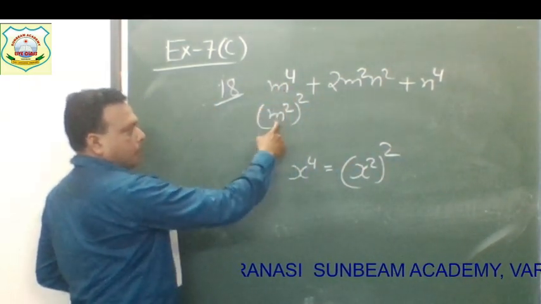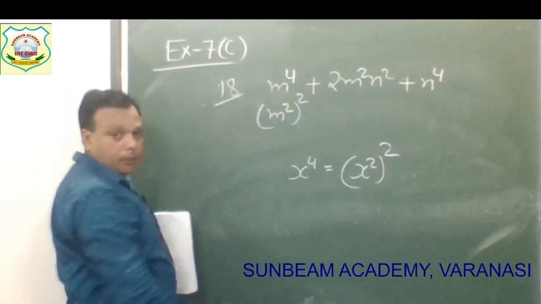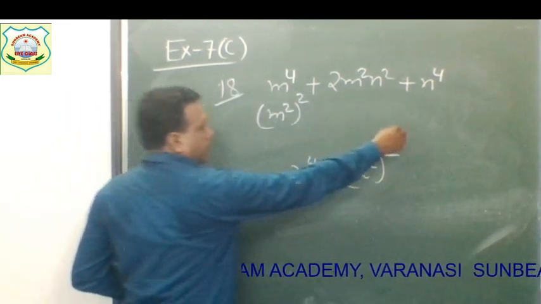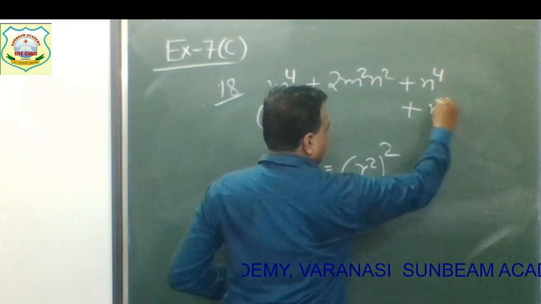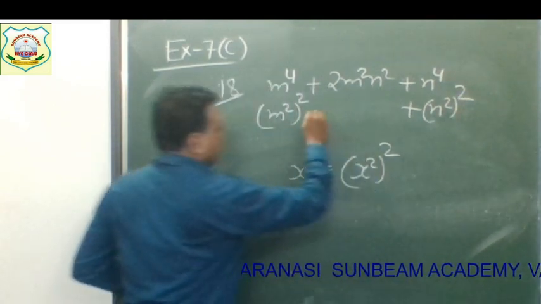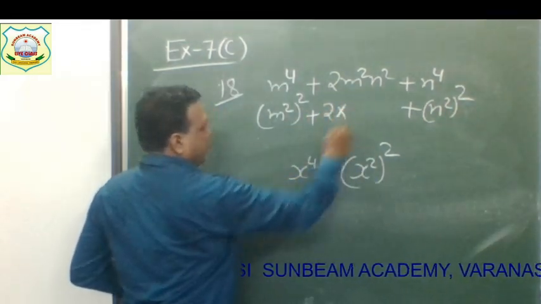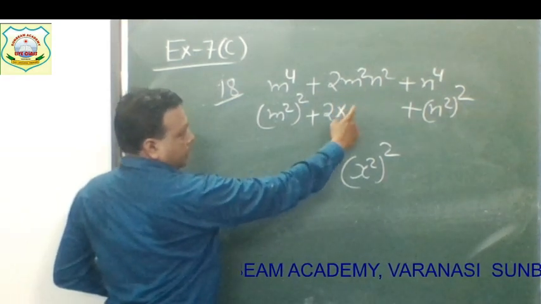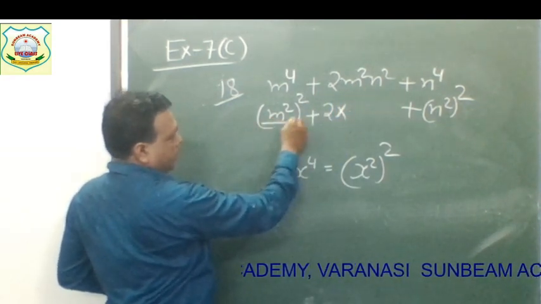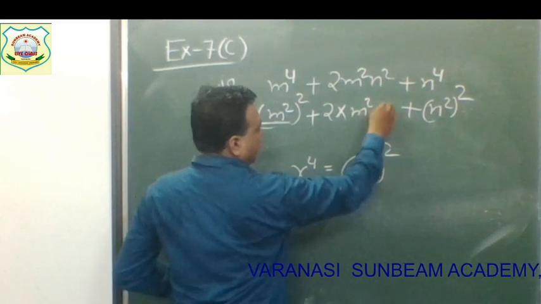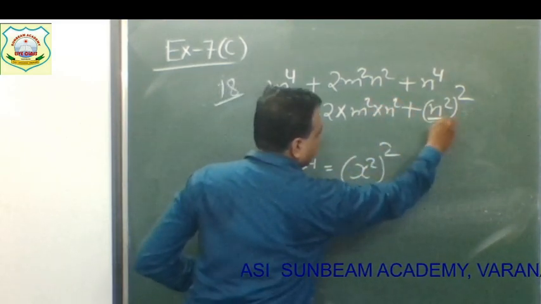This is the same, but we have written it in square form. Clear? Then plus, similarly we will write here also, n square to the square, plus 2 multiply a, the a value is already m square, and b value is n square, as given here.